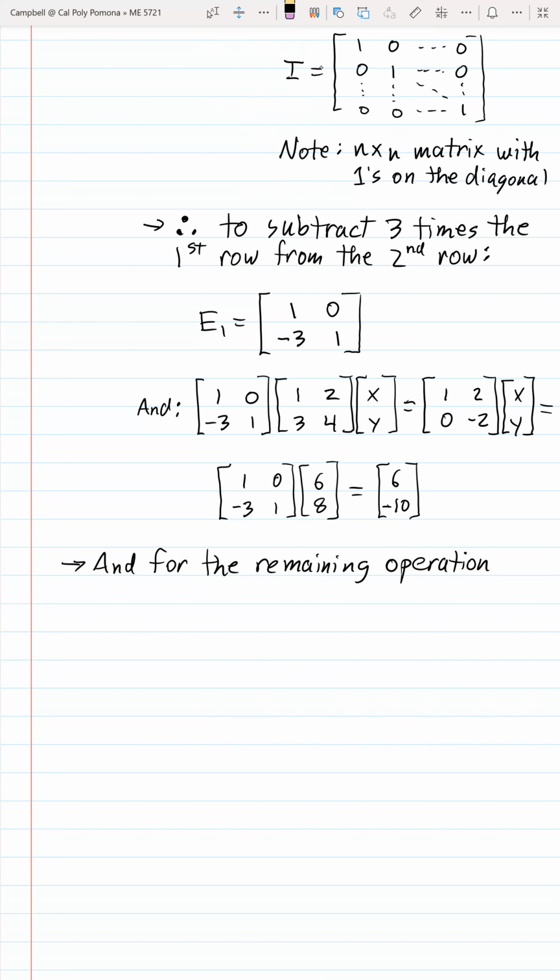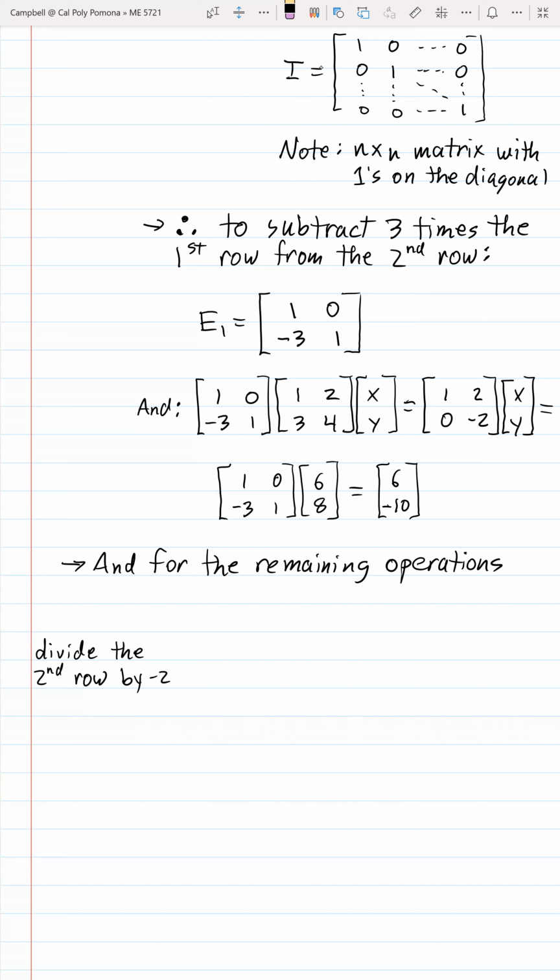Well, remember that I needed to divide, so here I'll just write it way over here. I need to divide the second row by -2. Here, I'll just squeeze in the -2 there.